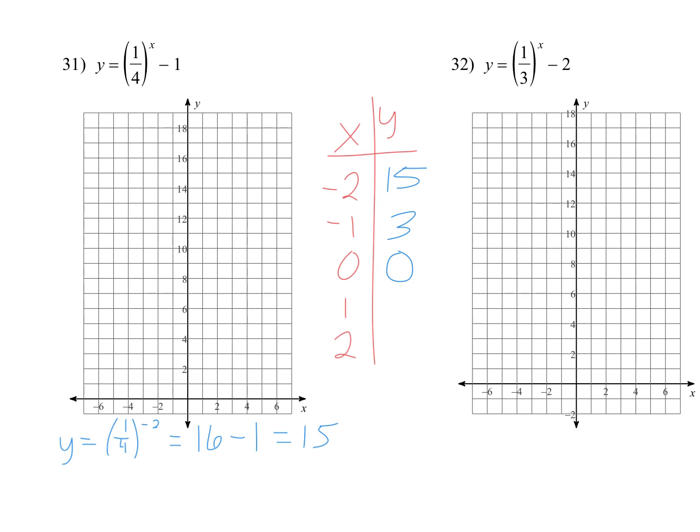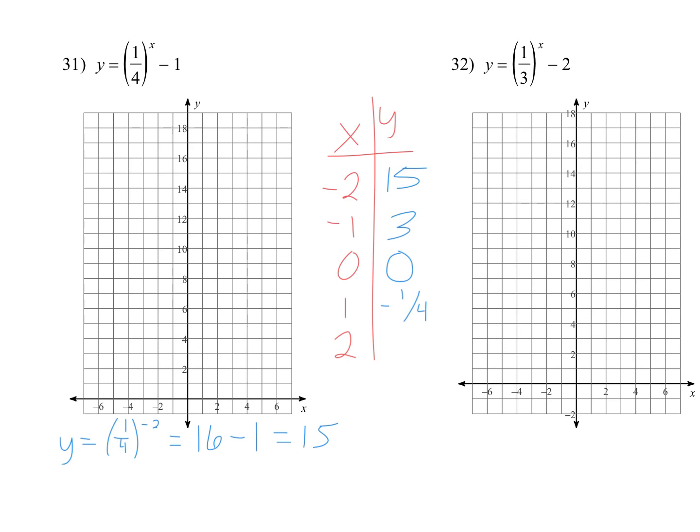Okay. Now we have 1/4 minus 1. What would that give us? -1/4. And then same thing with the 1/16 minus 1.